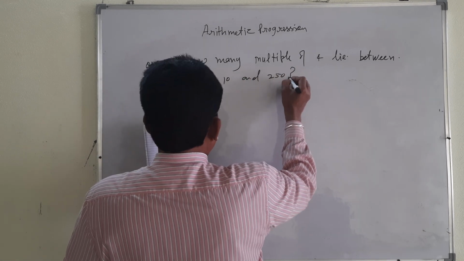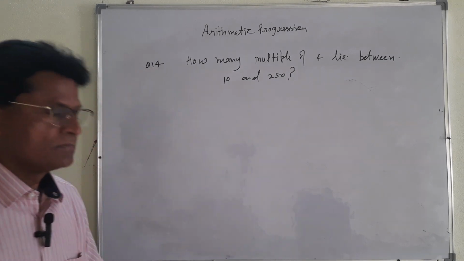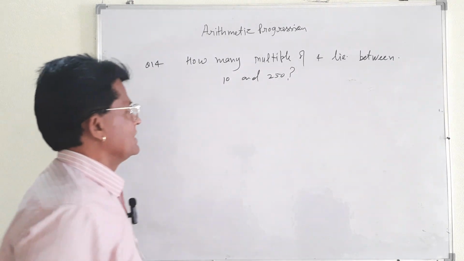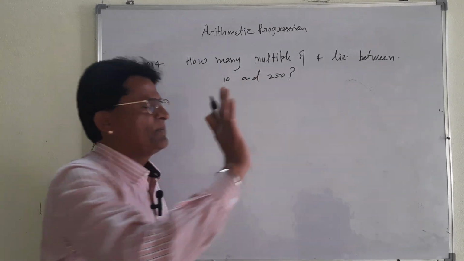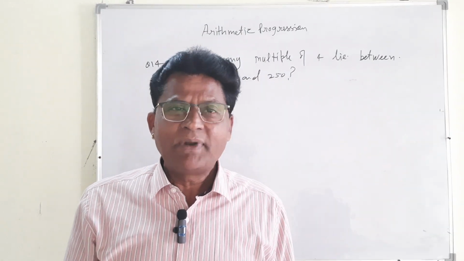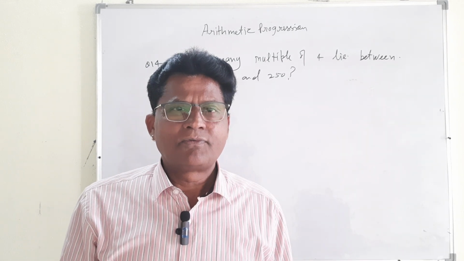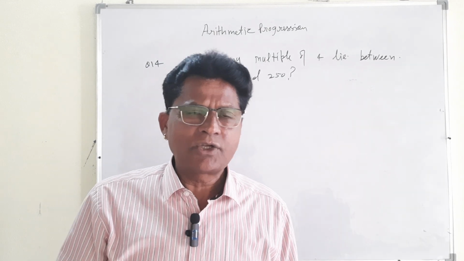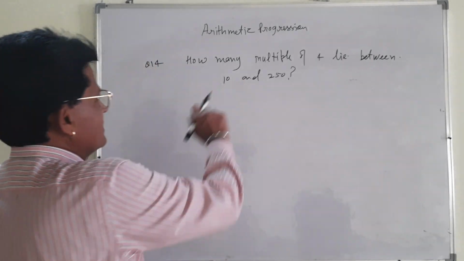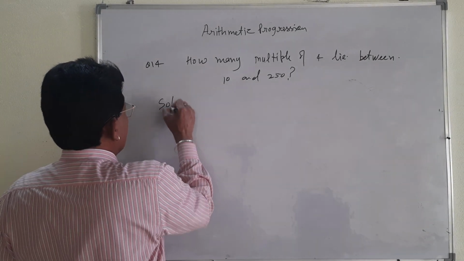Very important question. Multiples of 4. See, how many multiples of 4 will there be between 10 and 250? 10 is not a multiple of 4. You see, 4 twos are 8 and 4 threes are 12. After 10 there is... okay, let me take the solution.